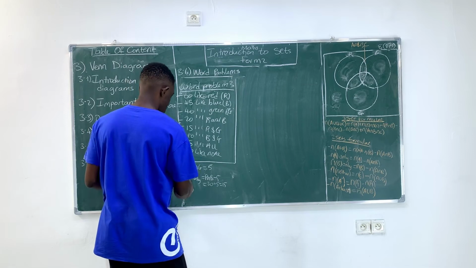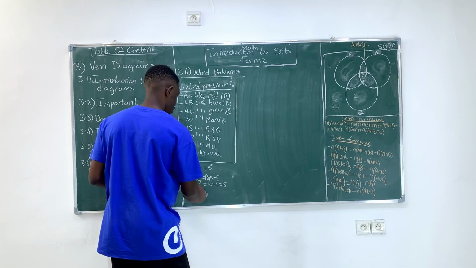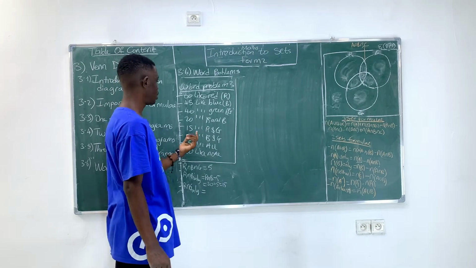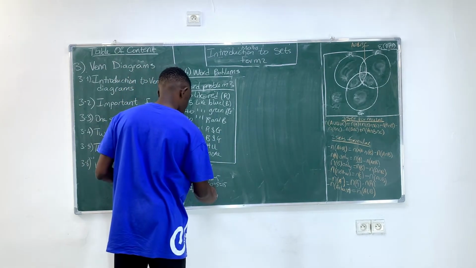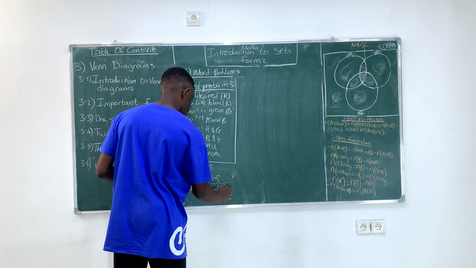So you look for R intersection G only now. What is R intersection G only? We have R here, intersection G here is 10 minus this 5, is equal to 10.